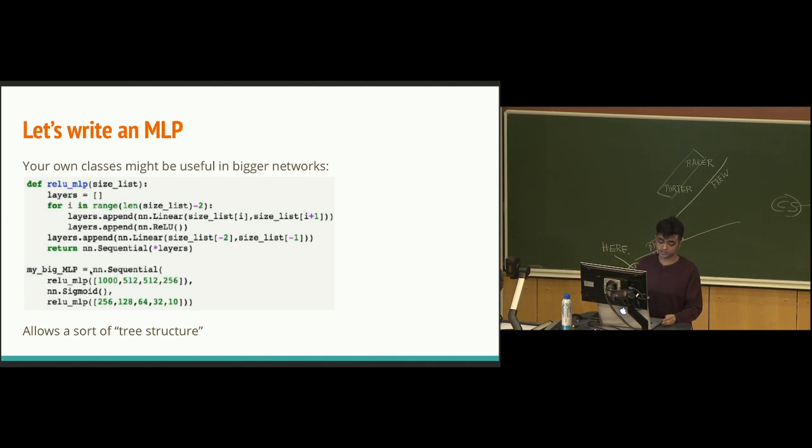And then you can have another bigger MLP, and in that you can have 2 different ReLU MLPs. So this is something like a tree structure. So the parameters of the linear layers would be absorbed into the parameters of ReLU MLP, and the parameters of ReLU MLP would now be absorbed into the parameters of the bigger MLP. So now when you actually do gradient descent on the bigger MLP, all the parameters in the other layers would automatically be updated.